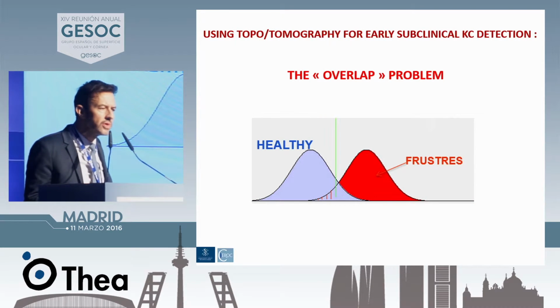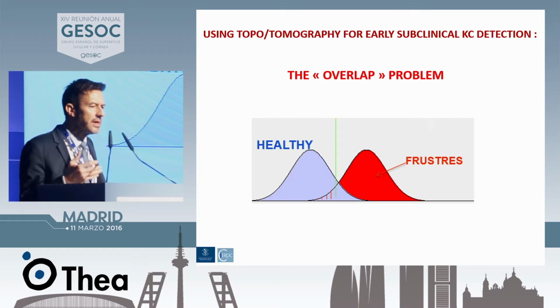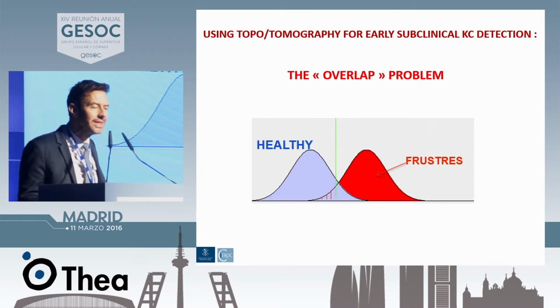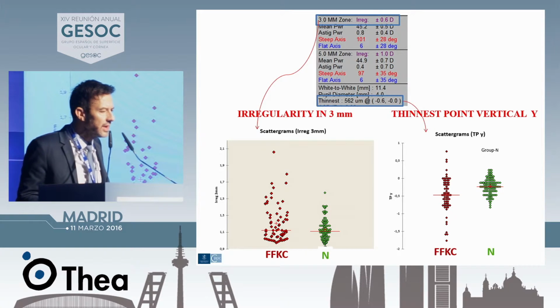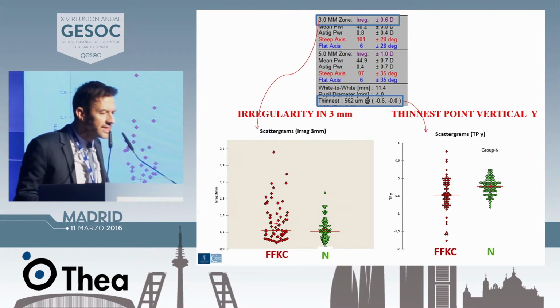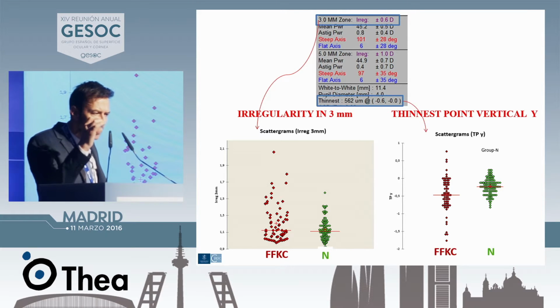And the final problem with those analyses is that there is always an overlap. So it's difficult to come up with a magic index to detect keratoconus. For example, if you have form fruste keratoconus and you analyze their irregularity in the 3 millimeter in terms of elevation, or if you look at how the thinnest point goes down vertically, it's very difficult to separate those two groups because you can see that the values are very overlapping.